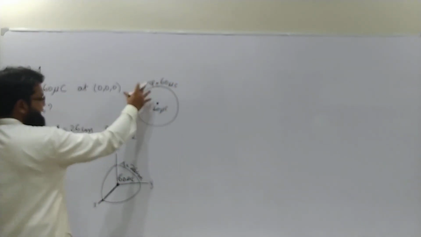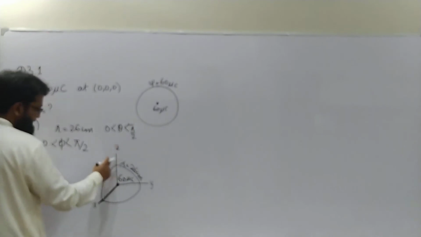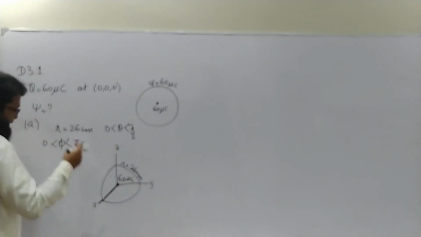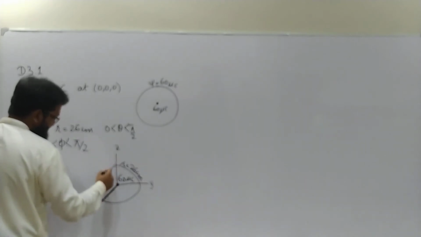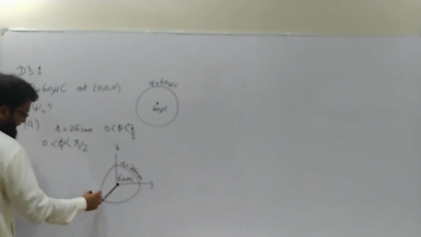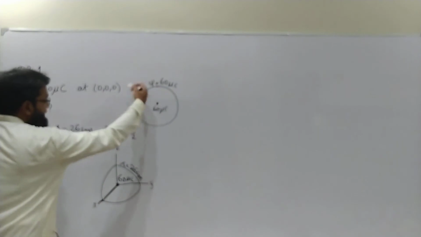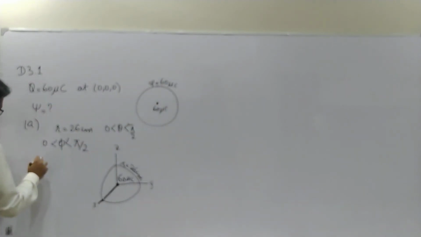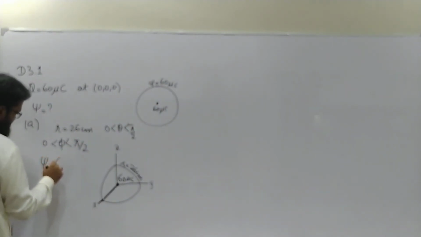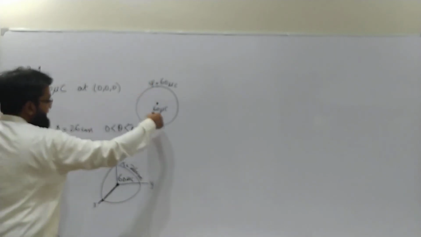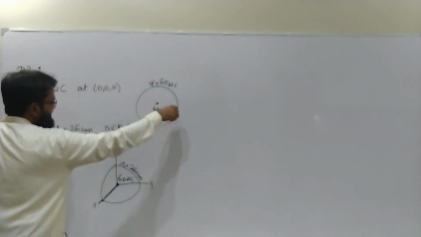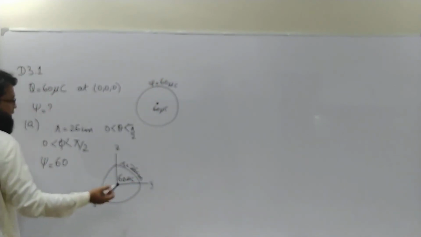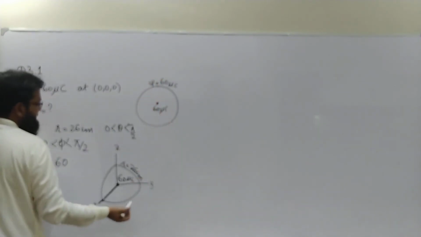But we are not interested in the whole sphere, rather we are interested in the 1/8 portion of that sphere. So definitely the flux crossing the 1/8 portion of this total sphere would be 1/8 of the total flux which would be crossing had we considered a complete sphere enclosing the charge of 60 microcoulombs.